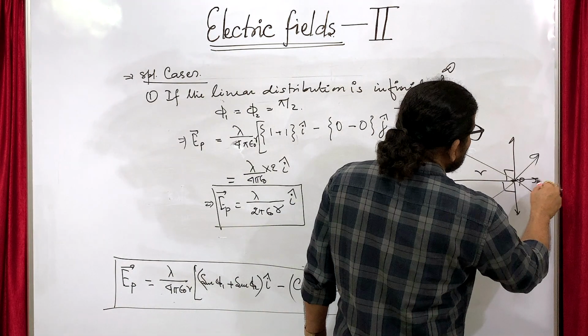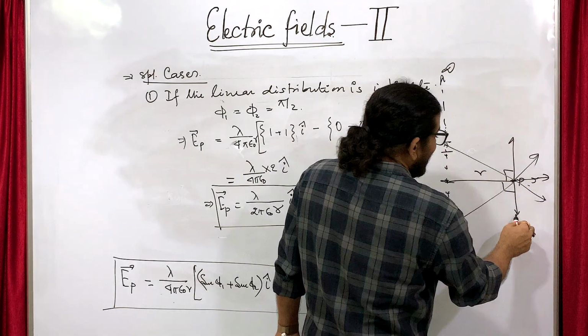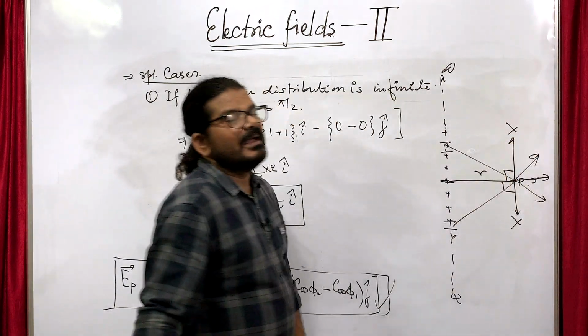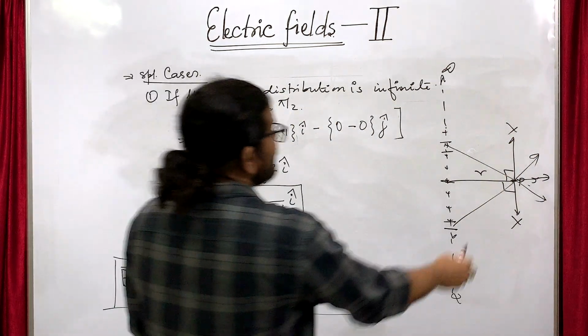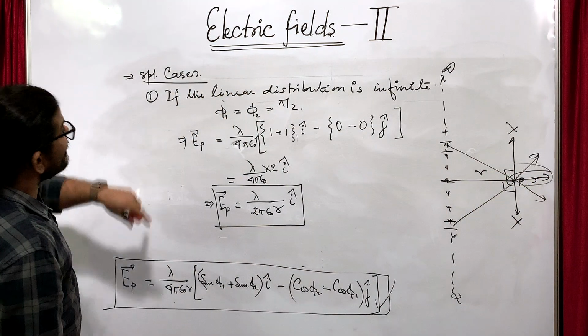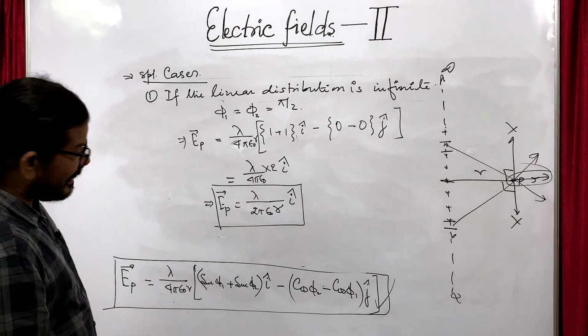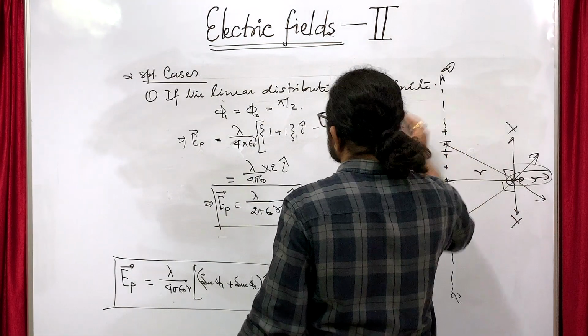Therefore this component will sum together, and this component will cancel out each other. So therefore the electric field will have only this component. Now suppose we take another special case, just see what another case is possible.